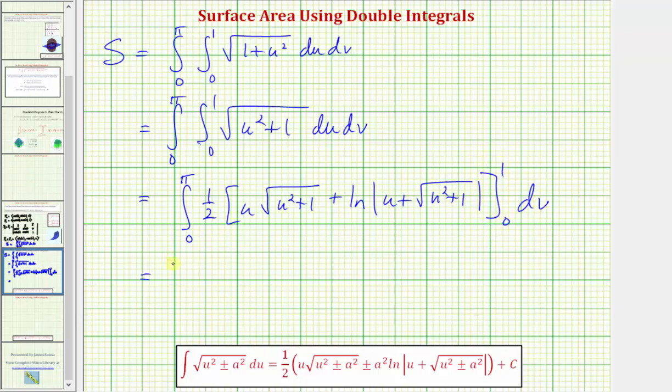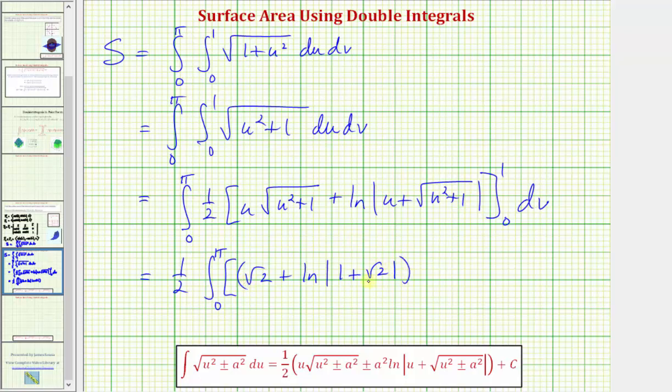So all of this is the antiderivative, and we're integrating with respect to u from 0 to 1. So now we have 1/2 times the integral from 0 to pi, and now again we're going to substitute 1 for u and then 0 for u. So when u is equal to 1, notice how here we're just going to have 1 times the square root of the quantity 1 squared plus 1, that's the square root of 2, and then plus natural log absolute value of 1 plus, again, the square root of 1 squared plus 1, or the square root of 2.